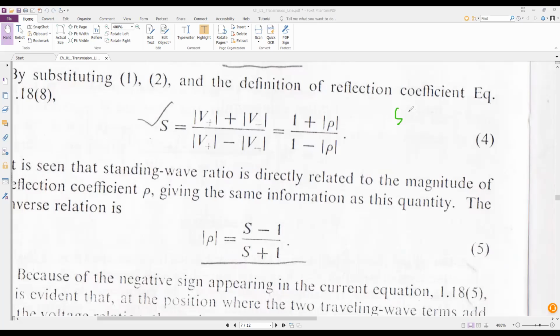Let's say S plus 1 divided by S minus 1, addition, subtraction. So what will happen? 1 plus rho plus 1, 1 minus rho minus 1.